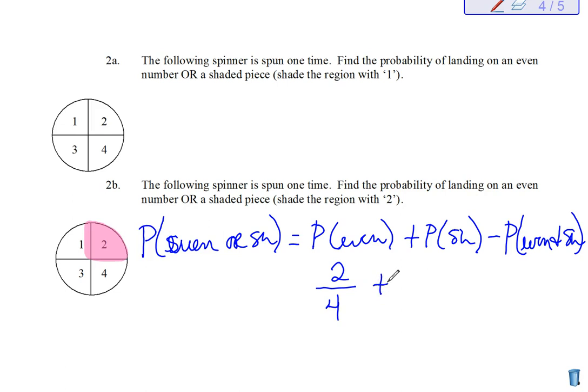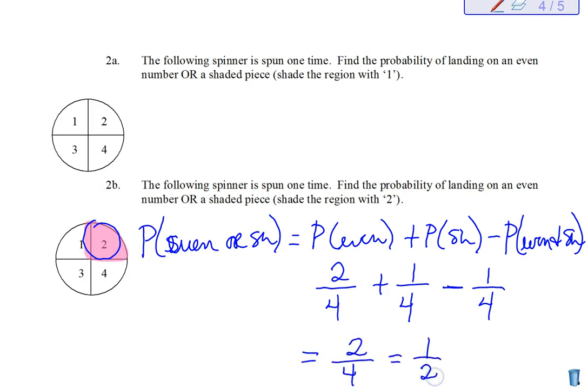Plus, the probability of landing on a shaded piece is 1 outcome out of 4. The problem is one of those outcomes, the 2 that is shaded, has been counted twice. These are not mutually exclusive. That's why that outcome has to be taken off. So the even and the shaded is going to be 1/4. When I add 2/4 plus 1/4 minus 1/4, I get 2/4, which reduces to 1/2.